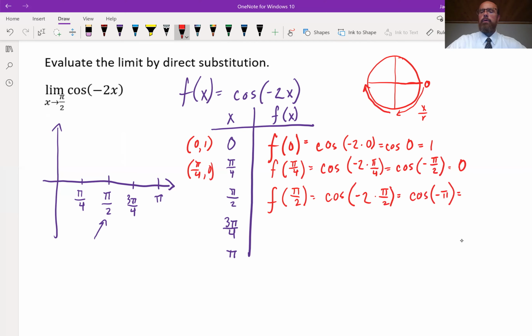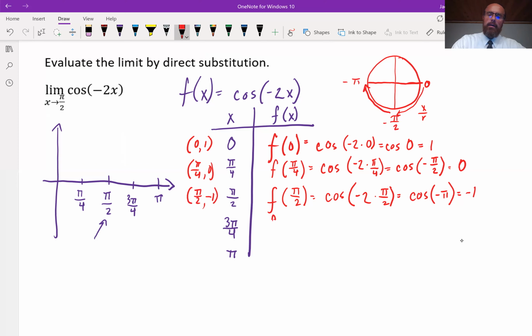Let me mark these: this is pi over 2, negative pi over 2, negative pi. The x value at negative pi is negative 1, because we're over here on the left side, negative over the radius of 1. So that's a value of negative 1. So you can see that oscillation starting. So pi over 2 is at negative 1.